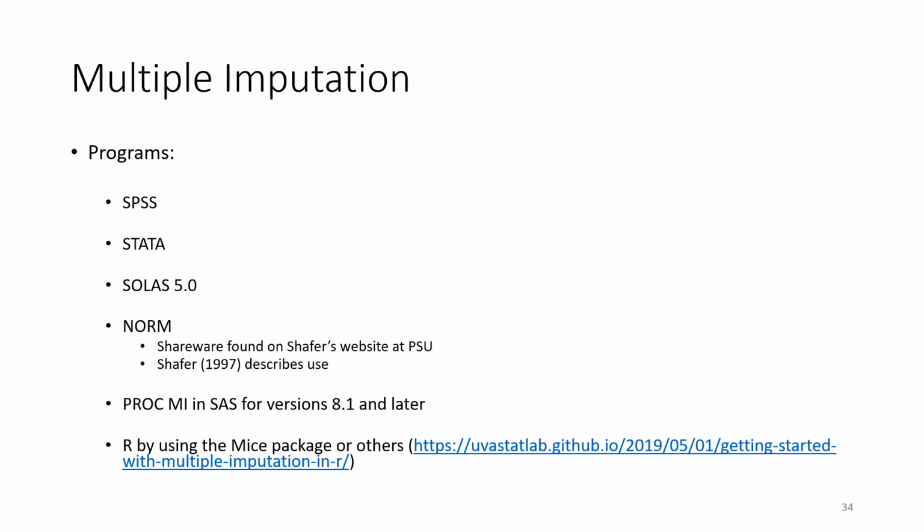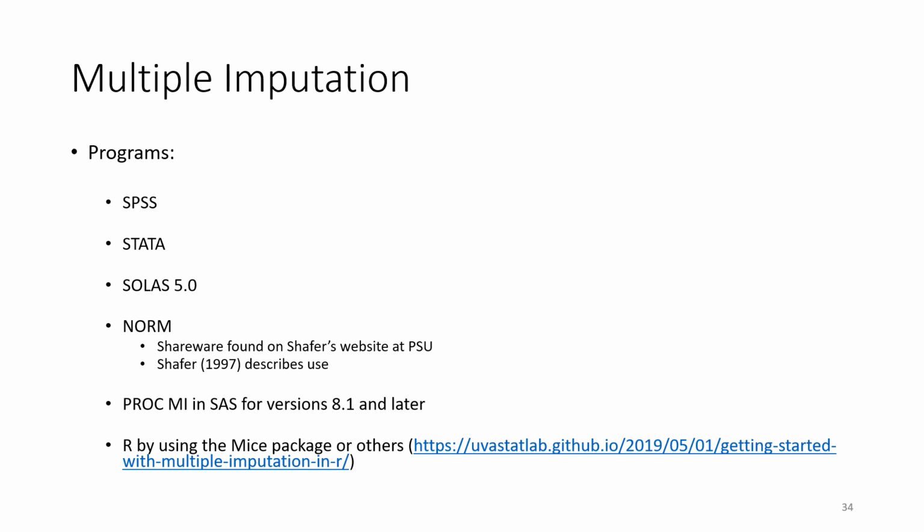Today, many different statistical packages provide the means for performing multiple imputation, including SPSS, Stata, Solas, which is a software package designed specifically for performing missing data analysis and different imputation techniques.